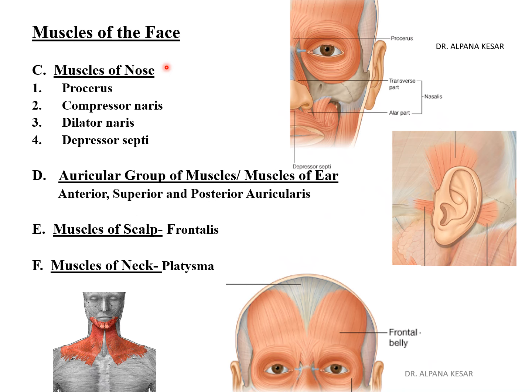Muscles of the nose include procerus, transverse part of nasalis muscle also known as compressor nares, alar part of nasalis muscle also known as dilator nares, and depressor septi. Auricular group of muscles or the muscles of the ear, which include anterior, superior, and posterior auricularis.